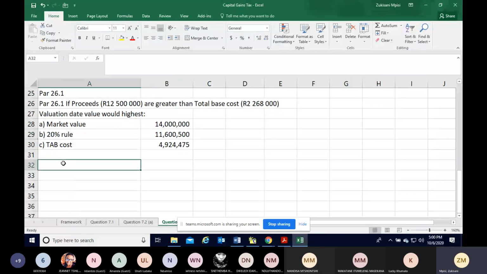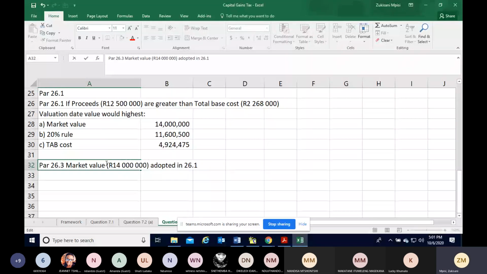Now, 26.3. So paragraph 26.3 says if the market value adopted in 26.1, so what is the market value adopted in 26.1? It is 14 million.